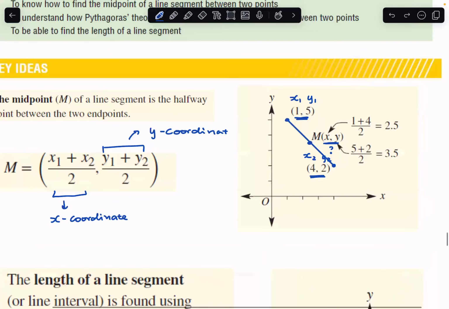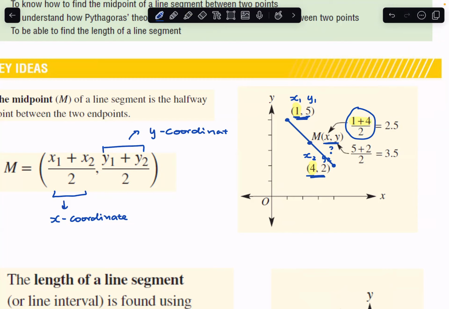All right, so let's have a look at the example here. Let's say that is x1, x2, y1, and y2. So the x coordinate equals x1 plus x2 divided by 2, which means that we have 1 plus 4, divided by 2. Again, use your calculator to do it, okay?